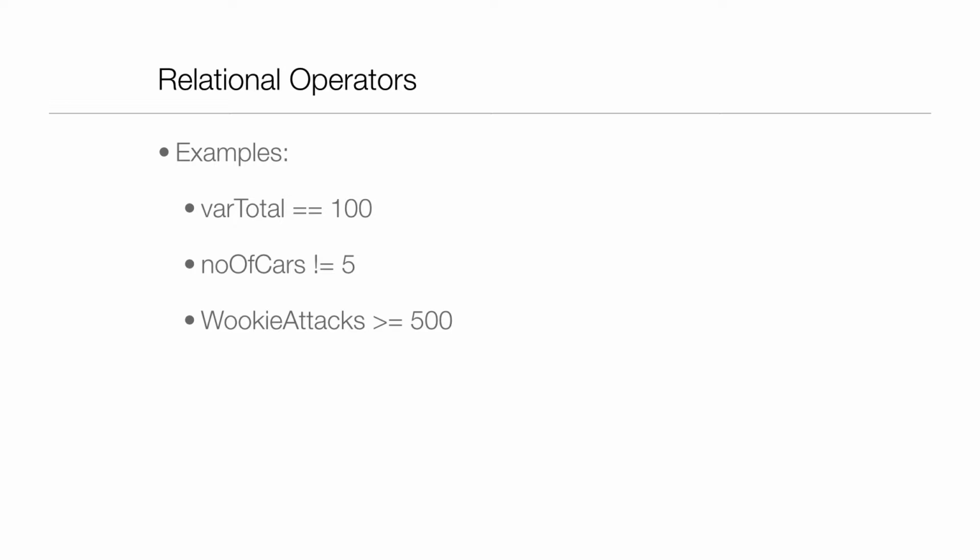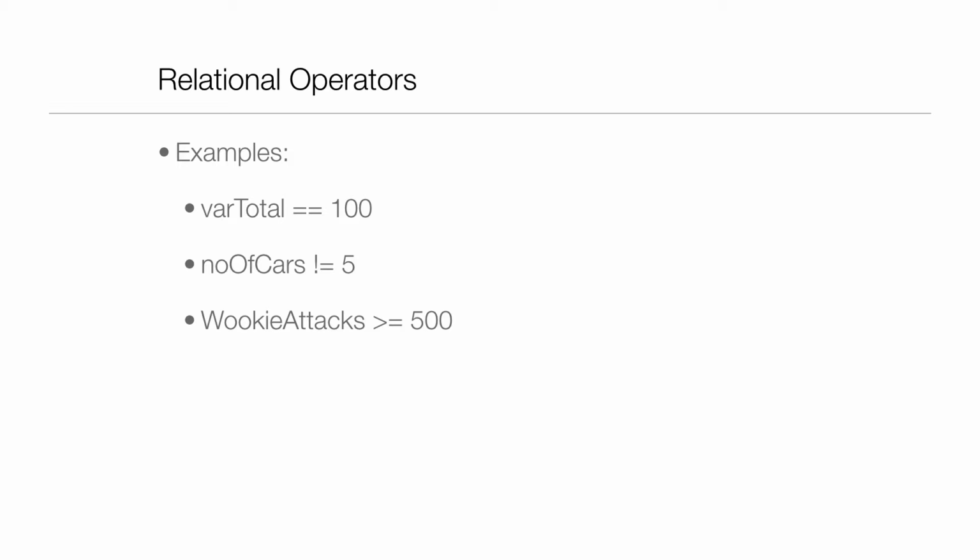Number of cars is not equal to 5, so if you wanted to have a test in your code where it's any number apart from 5, the number of cars, I'm not sure why you'd want to have that condition, but let's say you did. If it's anywhere up to 4 or 6 or above, that would come out as true, whereas if it was 5, that would come out as false.